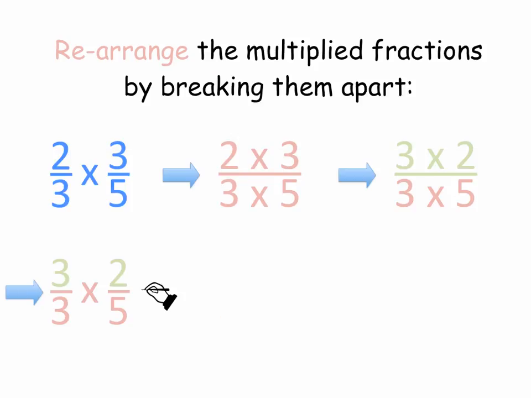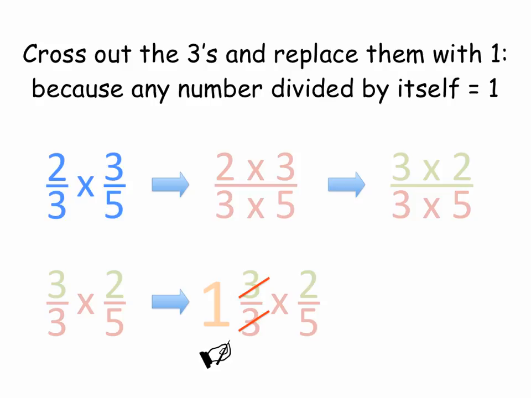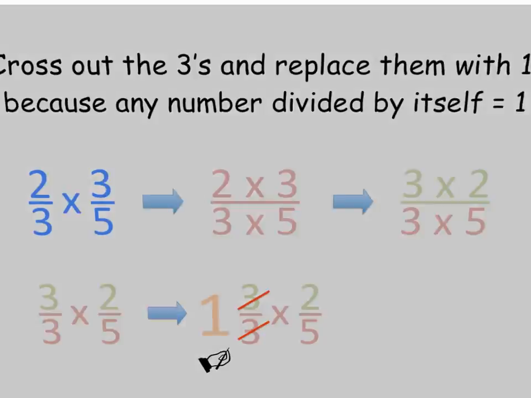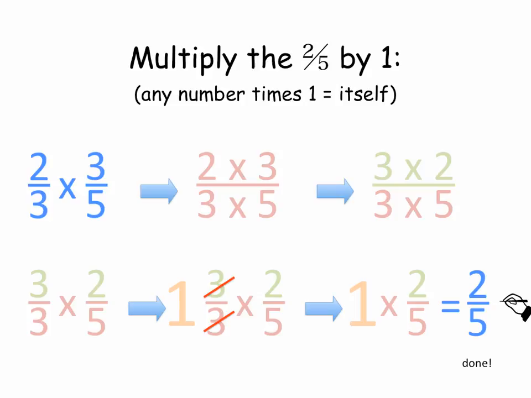Rearrange the multiplied fractions by breaking them apart. Cross out the 3's and replace them with 1, because any number divided by itself equals 1. So 3/3 turns into 1. Multiply the 2/5 by 1, and any number times 1 is itself. 1 times 2/5 is 2/5.